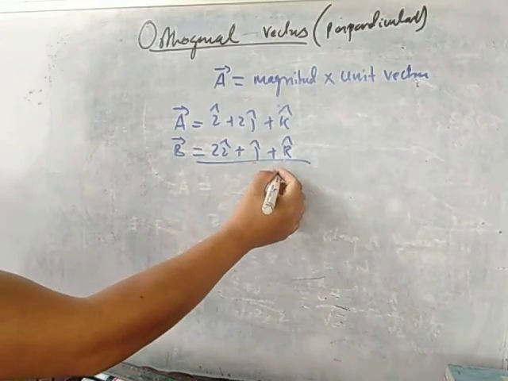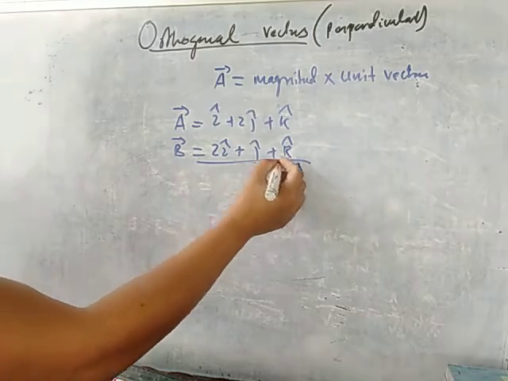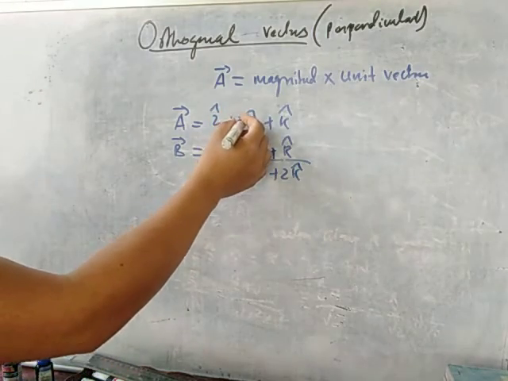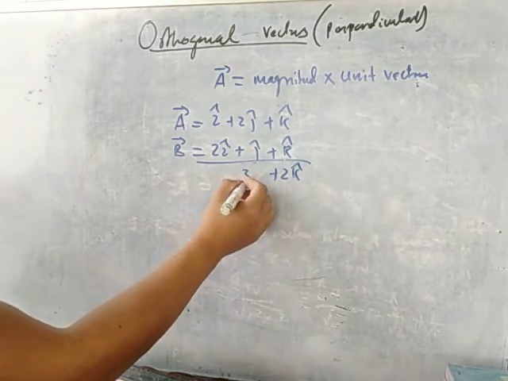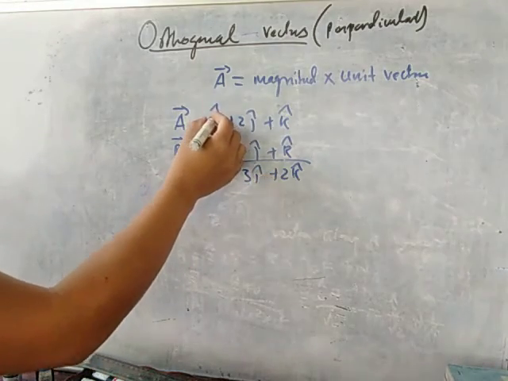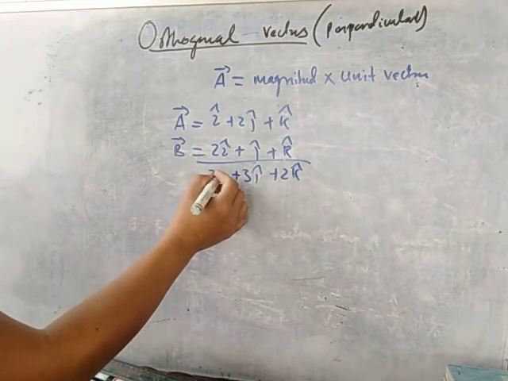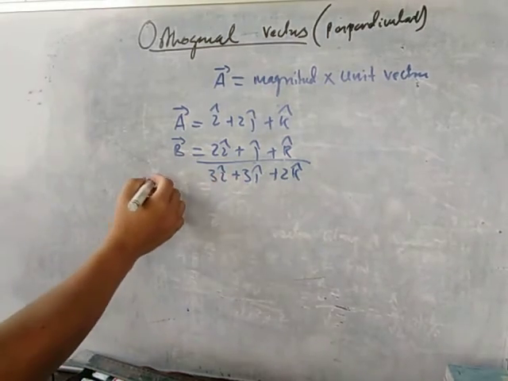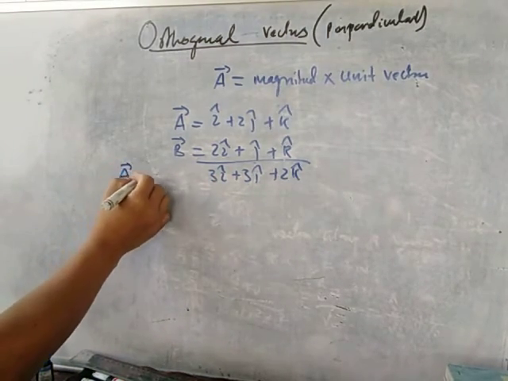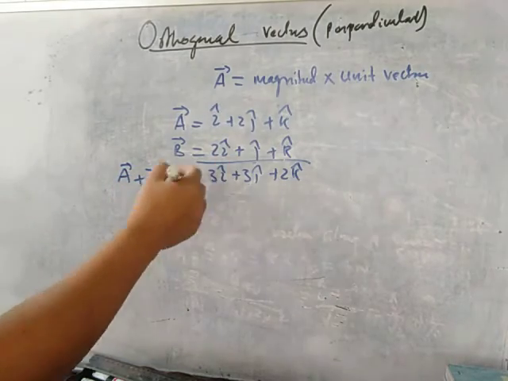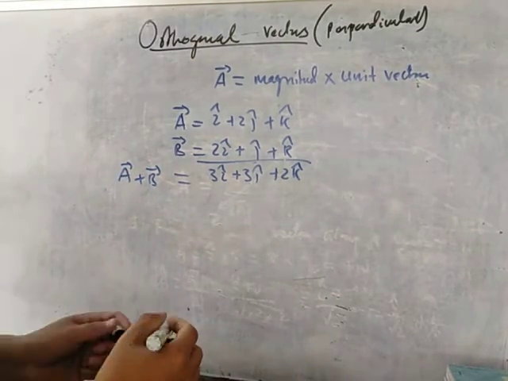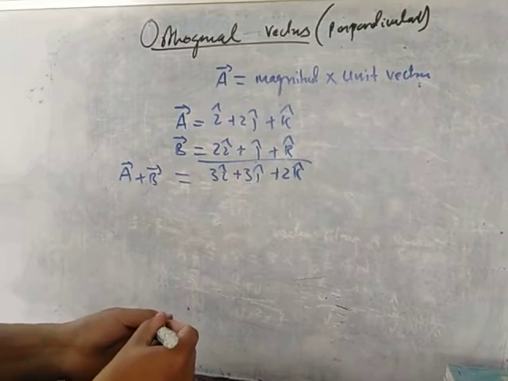So k plus k 2k, isn't it? त्यसरी नै 2 plus 1 3 j cap, त्यसरी नै 1 plus 2, 3 I cap. So this is your a plus b Cartesian form. Cartesian form of vector you can add it like this.